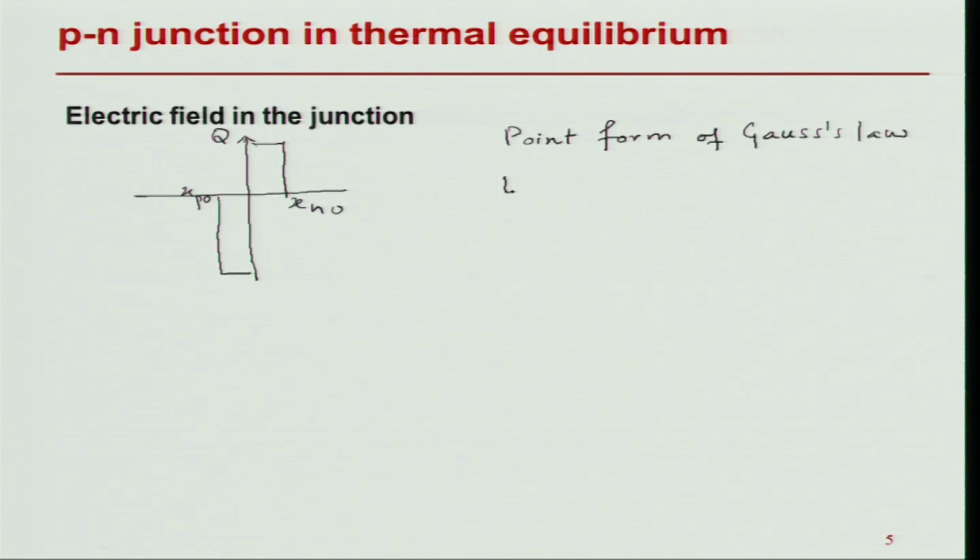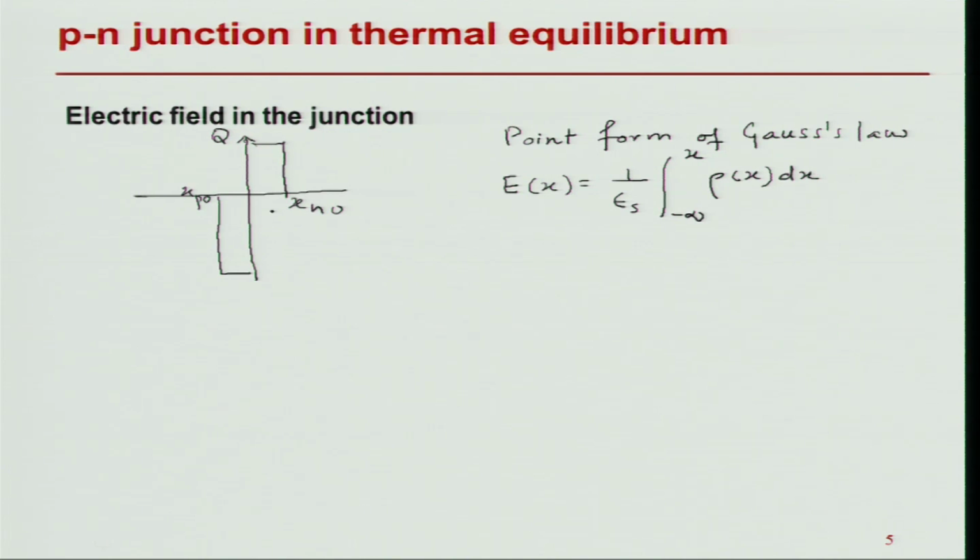which basically says the field at any point x can be represented by 1 by epsilon s, which is the dielectric constant of the semiconductor, coming from negative infinity to that point, the charge density times dx.